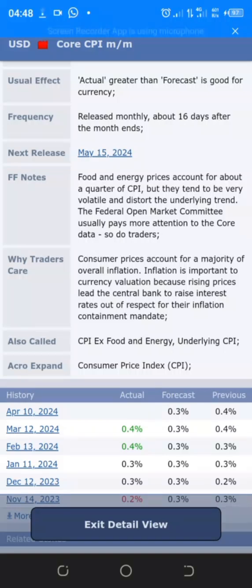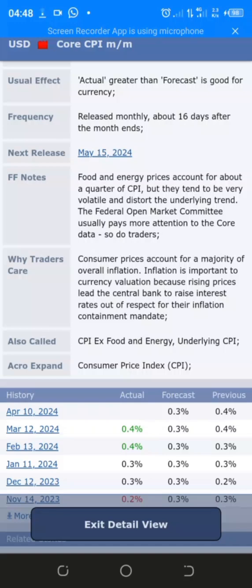If inflation is on the rise, the central bank of the United States has mandated that banks should pay higher interest so that they can curb the inflation. I'll take that again. If inflation is on the rise, the central bank of the United States has mandated that banks in the United States should pay higher interest so that they can curb inflation.